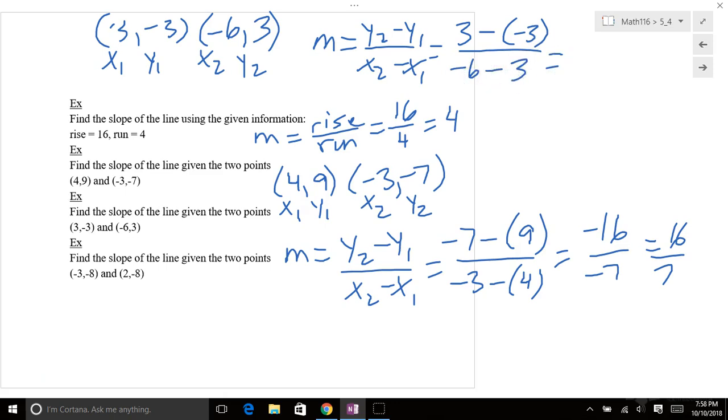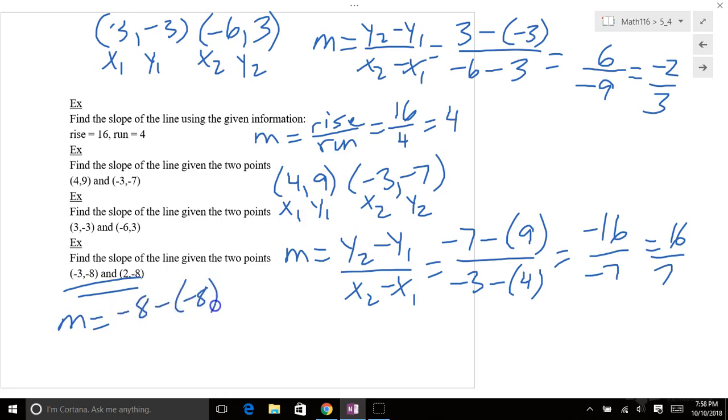So it looks like we got 3 plus 3 over -6 minus 3, which is -9, so this ends up being -2/3 is your slope there.